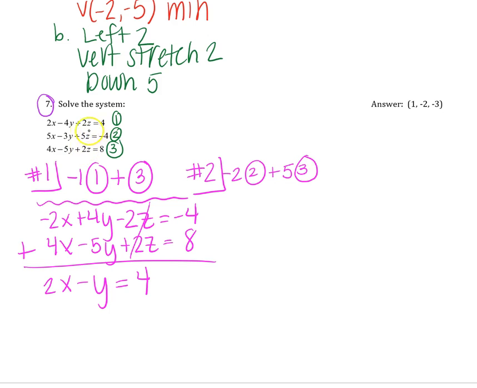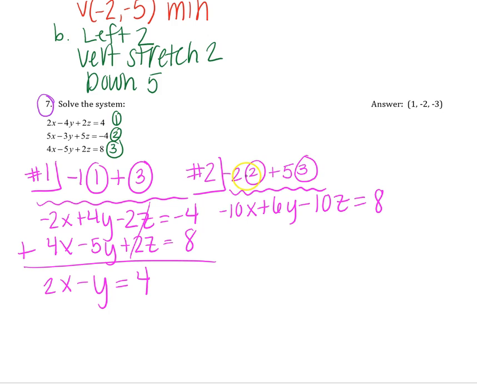Because then that will create a -10 and a +10 that I can then eliminate the z with. Alright, so -2 times 2. So I've got -10x plus 6y. -2 times 5 is -10z equals -2 times -4 is a +8.